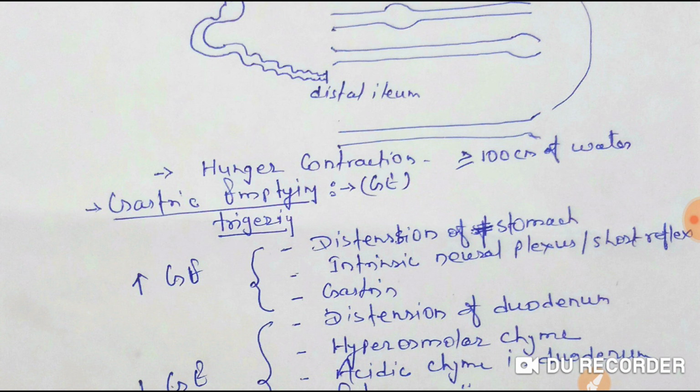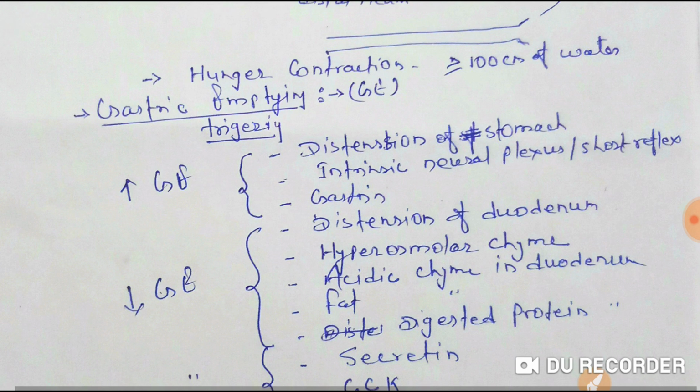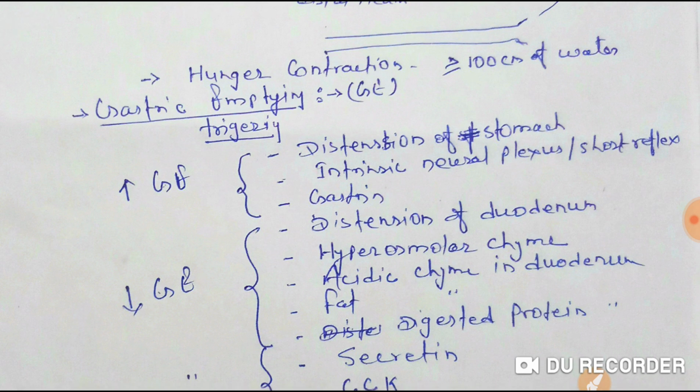Gastric emptying. What is gastric emptying? That means gastric emptying is favored or unfavored, that means increased or decreased? Increased. For the increase of gastric emptying, the factor is distension of the stomach, which favors peristaltic movement, so the food from the stomach gets propelled to the duodenum, to jejunum, to ileum, to colon.